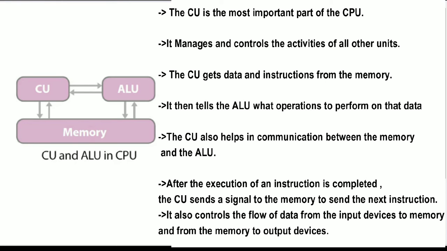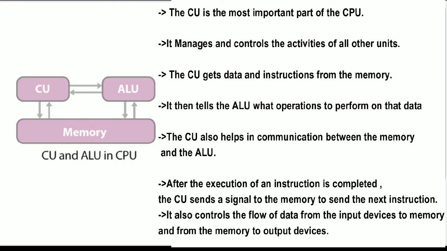It then tells the ALU what operations to perform on that data. The CU also helps in communication between the memory and the ALU. After the execution of an instruction is complete, the CU sends a signal to the memory or output devices. So this is about the control unit.